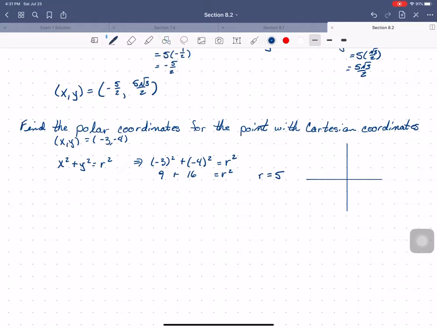So we know we're going to be somewhere on this circle that has radius 5. So that's 5, and that's -5. And we know the Cartesian system says that we're going to be about here.